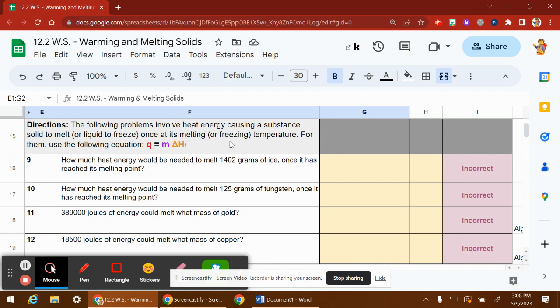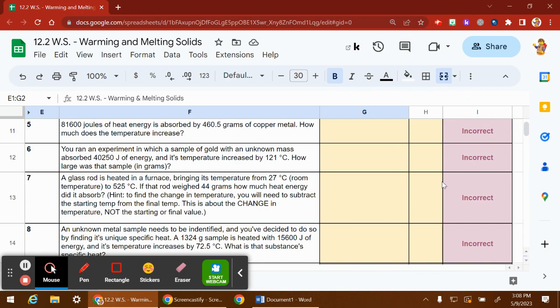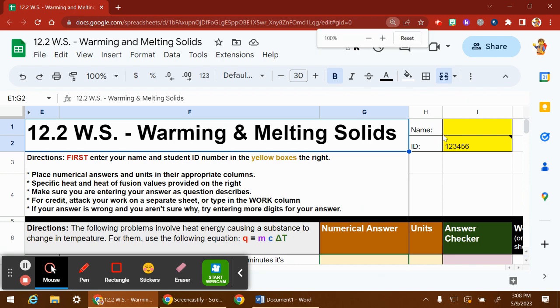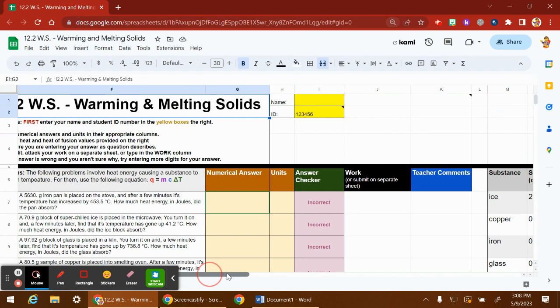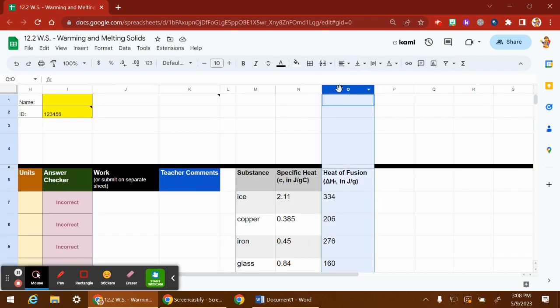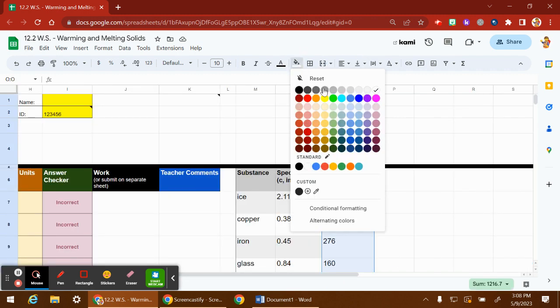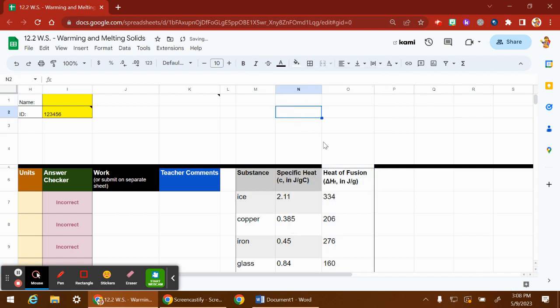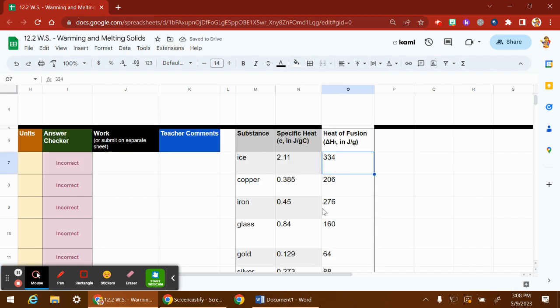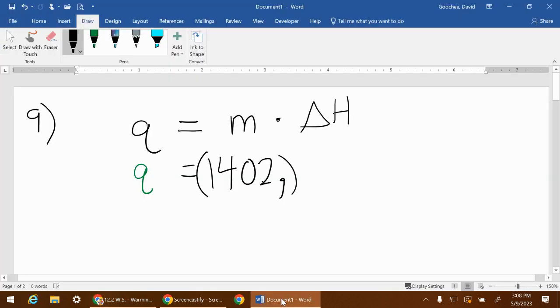What is the energy it takes to melt a gram of ice? Well, we can just go over here. I've included this in the document. If you don't see this information, highlight column O and change the background to white. It says here that the heat of fusion for ice is 334 joules per gram.